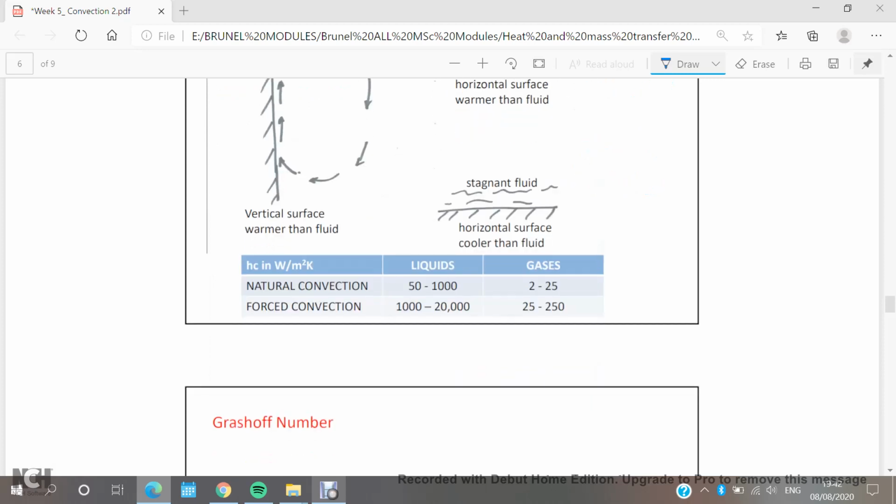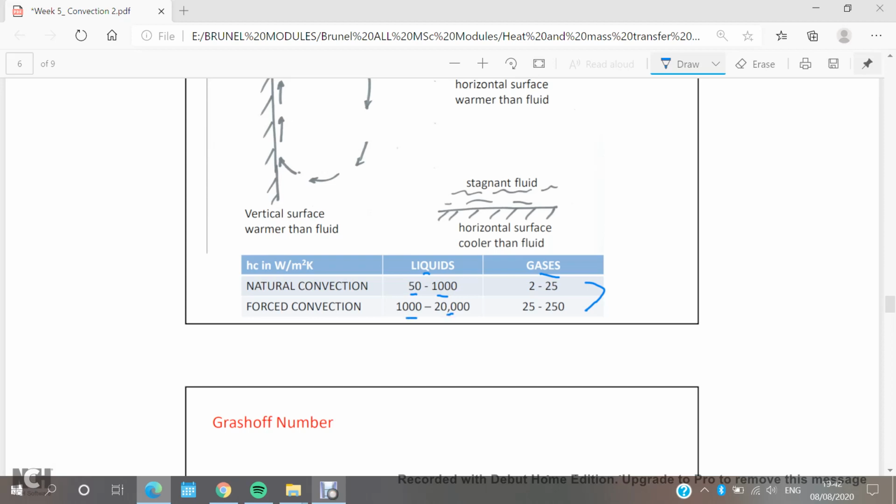This table shows how big the difference is between natural and forced convection for liquids and gases. For liquids, the heat transfer coefficient in natural convection is between 50 and 1000, but in forced convection it is 1000 to 20,000.